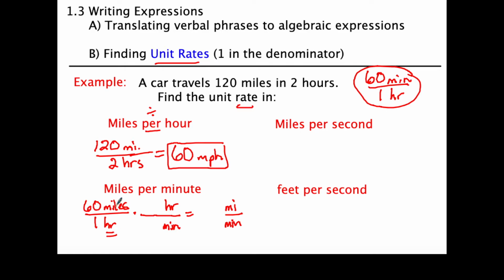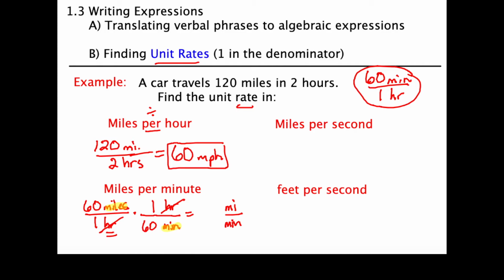So 60 miles per 1 hour. If I can multiply by hours, well, in 1 hour, again, there are 60 minutes. What I can basically do is cancel those hours away. Hours divided by hours disappears, and we end up once again with miles per minute.